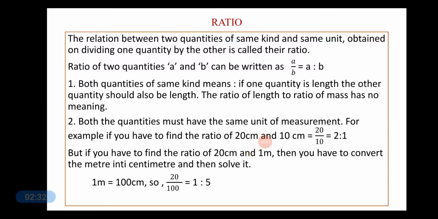So converting 1 meter into centimeter, we get 100 centimeter, and ultimately 20 centimeter divided by 100 centimeter will give you 1 is to 5 as the ratio. Generally, we convert the greater unit into the smaller unit. So converting this 1 meter into 100 centimeter, we get 20 by 100 and your ratio is 1 is to 5.